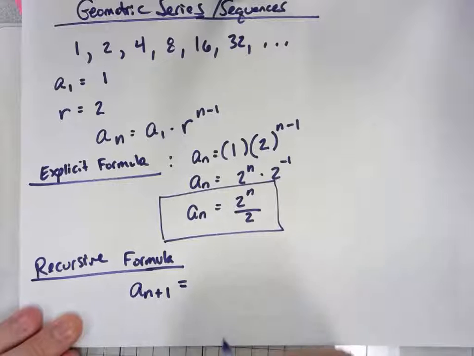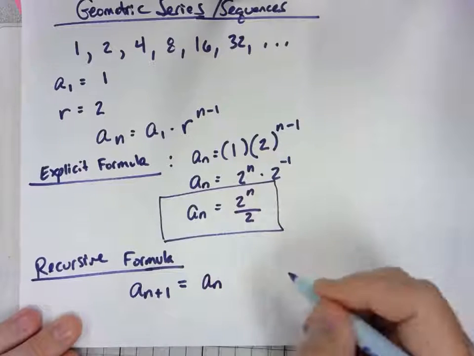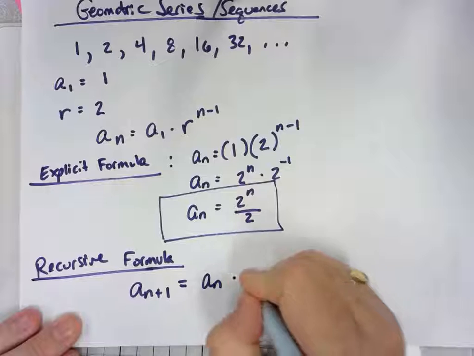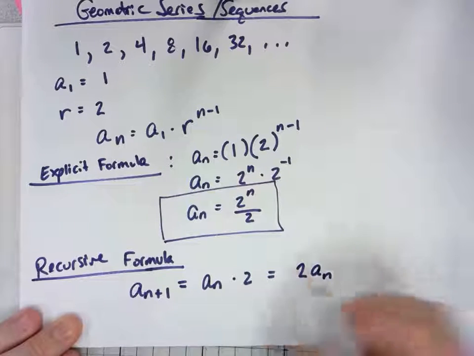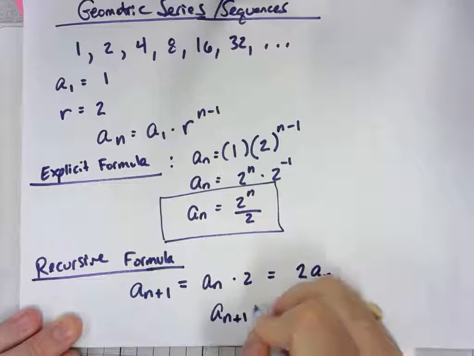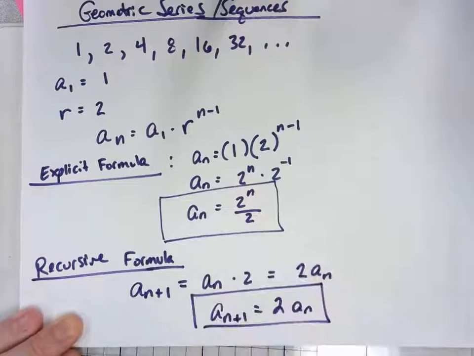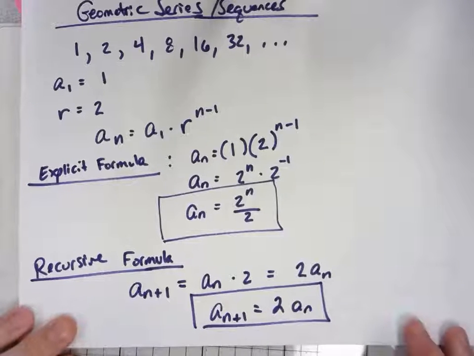It'd be a sub n plus 2, or something like that, right? It's a sub n, and what am I doing to each term to get to the next one? I multiply by 2. So I'm going to say times 2, which is just 2 times a sub n. So a sub n plus 1 equals 2 times a sub n, which is basically just r times a sub n. Okay? That's what it is.